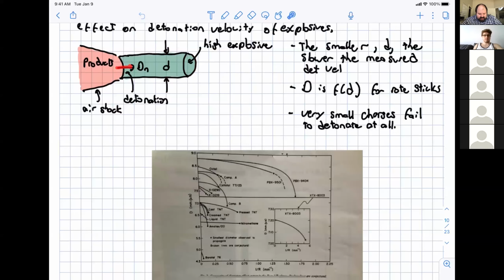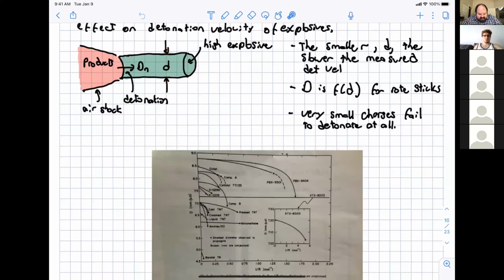They did these to have a very simple configuration where they measure the detonation velocity, because there are a lot of assumptions you need to go into it, like a good equation of state, which if the products are at 20 GPa, you don't have. And what they found is that the measured detonation velocity was a function of the diameter of the charge.